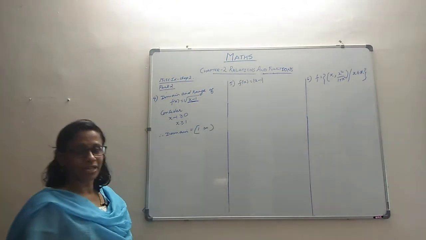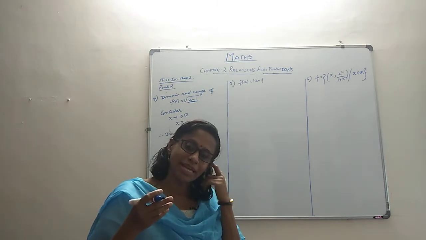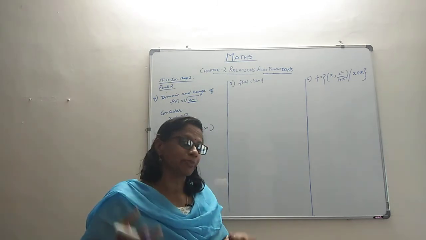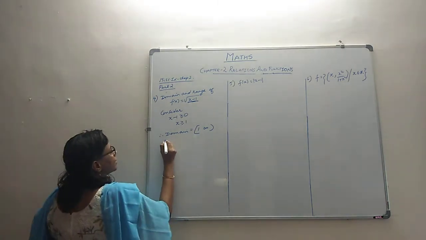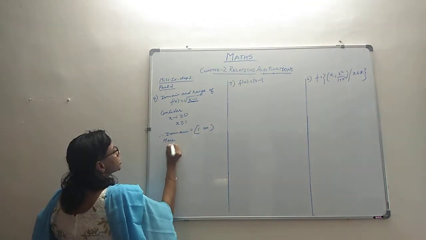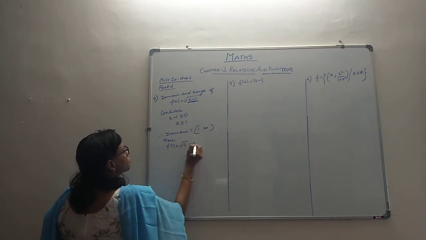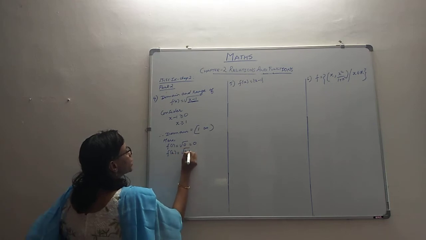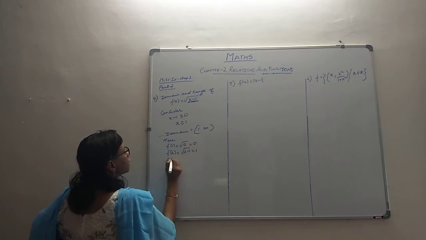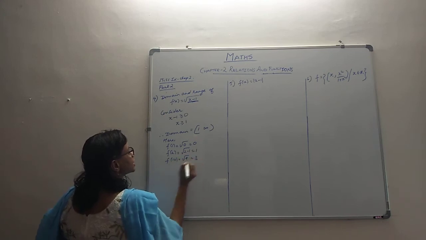This is our domain. Now once you get the domain, range is easy, right? Because we just substitute these domain points and then you are able to predict the range. For example, we can start at 1. Let's check what f of 1 is. f of 1 is root of 0, which is 0. What is f of 2? It is root of 2 minus 1, which is 1. Or say f of 10, it is root of 9, which is 3.